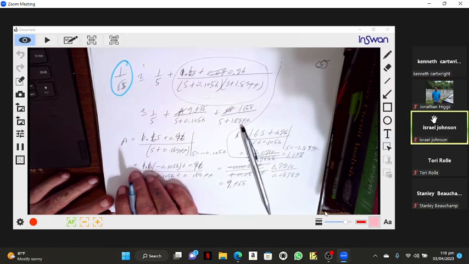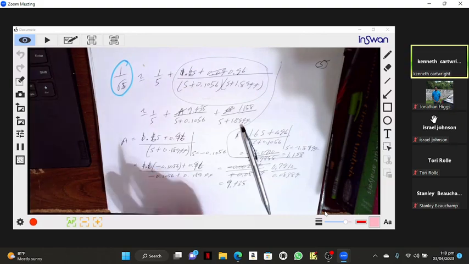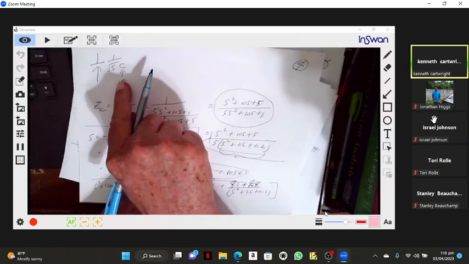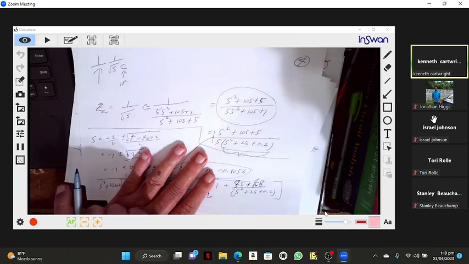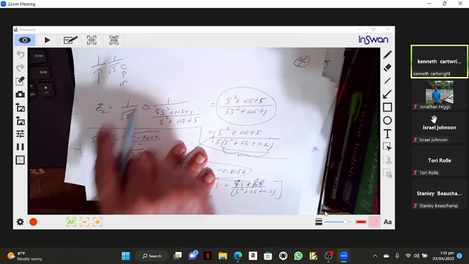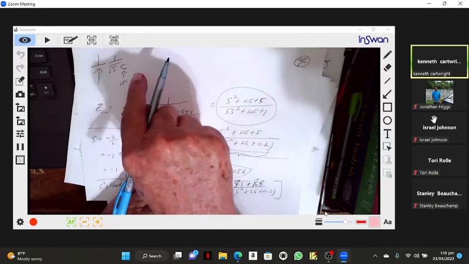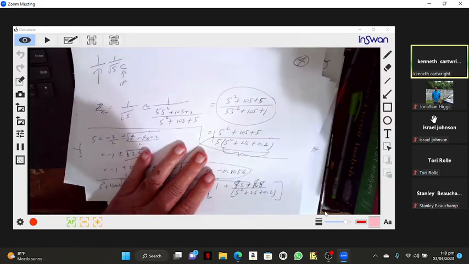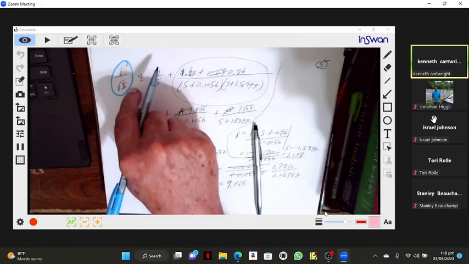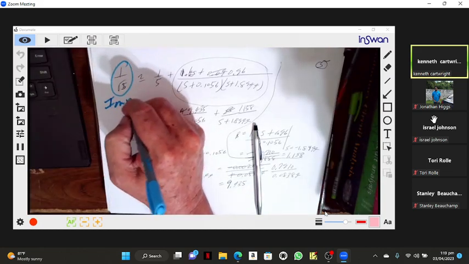Okay, let's go back. See it here? Here's the fractional capacitor, 1 over square root of S times C at the bottom. And we said C is 1 farad. So this is impedance.